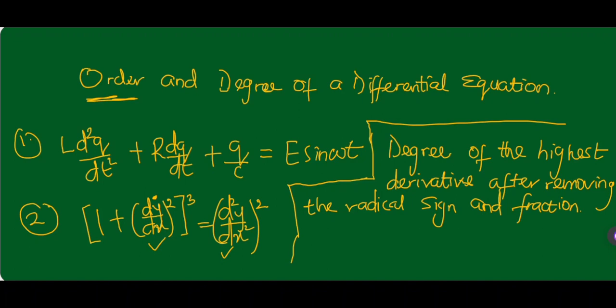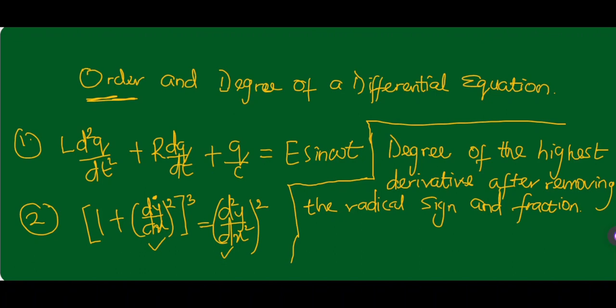We already established that that's an example of a second order differential equation, that is, a differential equation of order 2. Now, what is the degree of this differential equation? The first thing we need to do is locate the highest derivative in the equation. For the first example, the highest derivative is d squared q/dt squared.